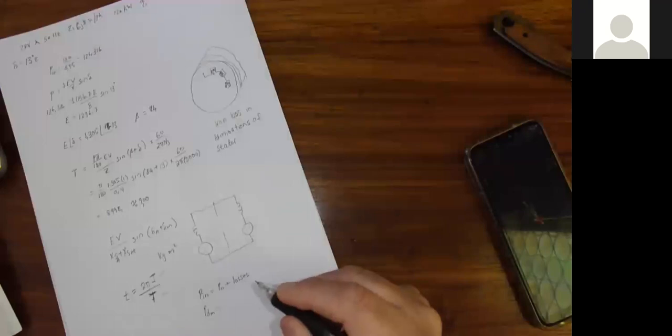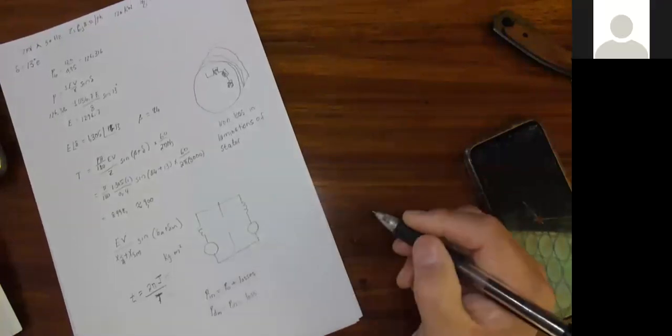So you added your P in plus your mechanical losses, and you say that gives you P developed, minus losses.